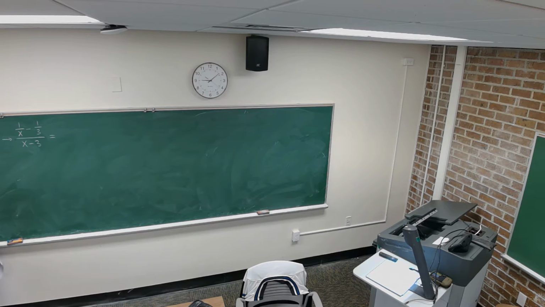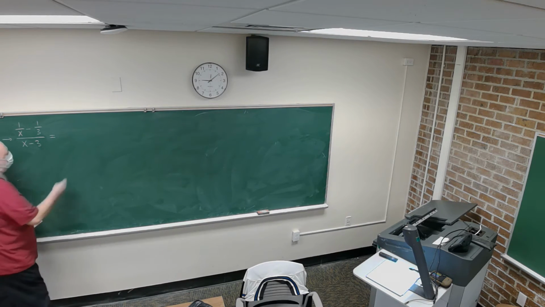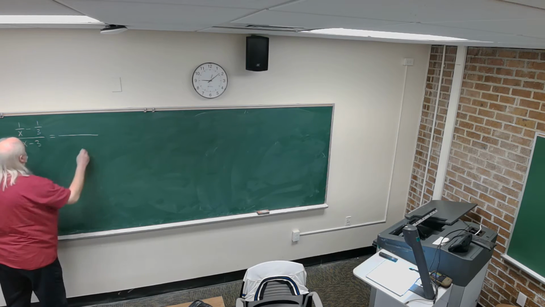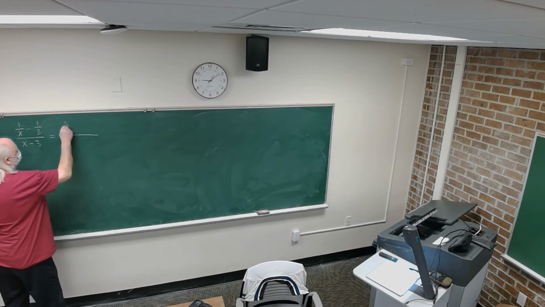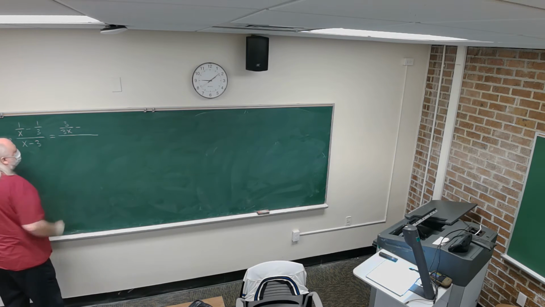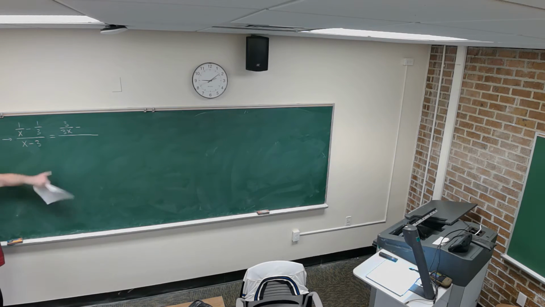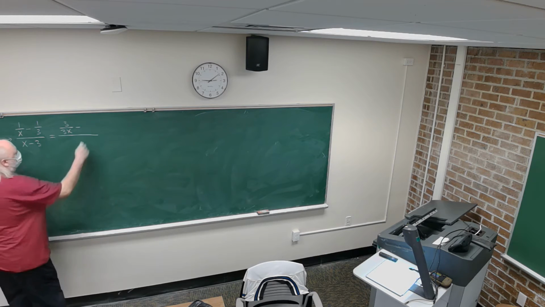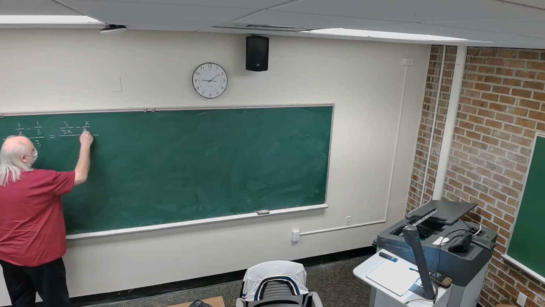And you know when you subtract two fractions, you need a common denominator. The common denominator for these two fractions is 3 times x. So we multiply the first one, 1 over x, top and bottom by 3. We have 3 over 3x. And then we multiply 1/3 top and bottom by x, and we have x over 3x.